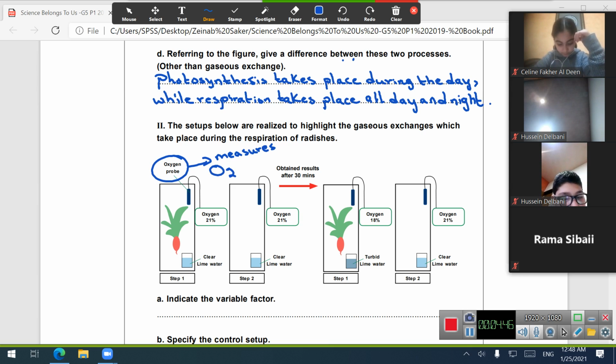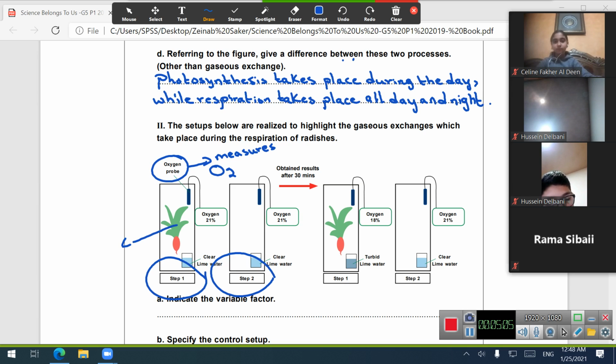Let me start explaining and then asking you. At the beginning of the experiment, I have step 1 and step 2. In step 1, we can find a radish plant, a container or oxygen probe, and clear lime water. How was the lime water? Clear.